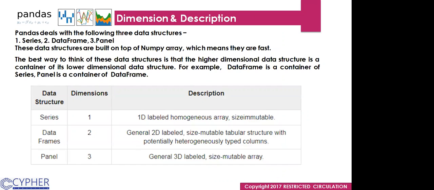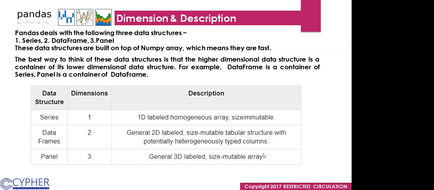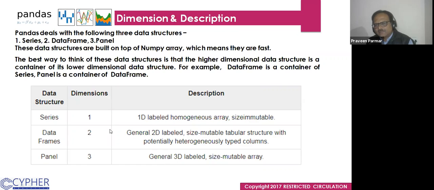Panel is like a three-dimensional array, a general 3D labeled size-mutable array. So we'll not go into the panel side because we could not explain that here in the three-dimensional way. We will just study the series and the data frame in our practical session.